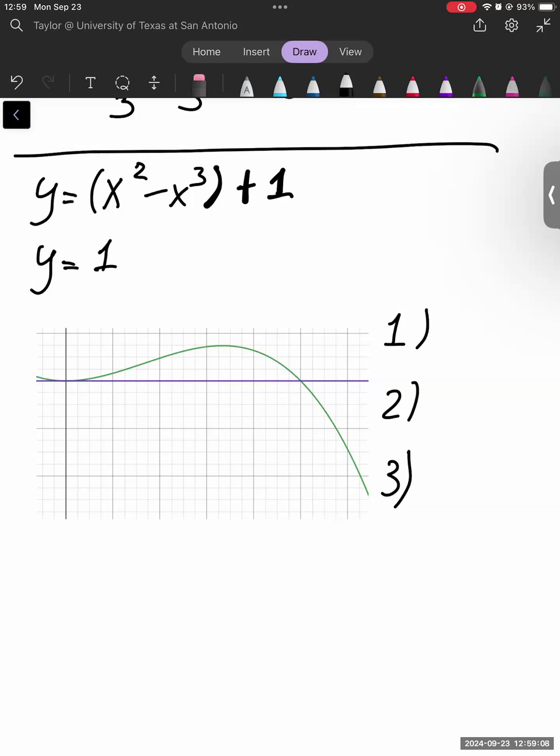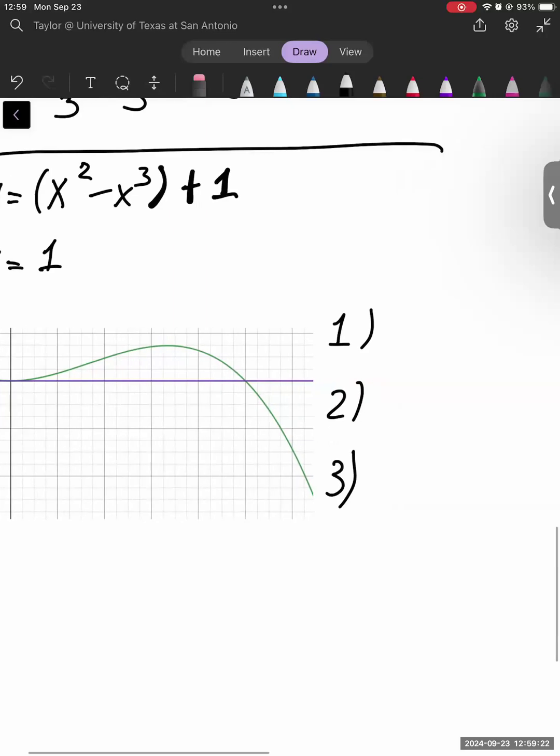Do we want to solve for our bounds of integration? Do we want to try to set up our integral? Do we want to do the horizontal line test? I'll say horizontal line and then the bounds of integration. Okay, cool. So first step is decide what is top and then what is bottom.